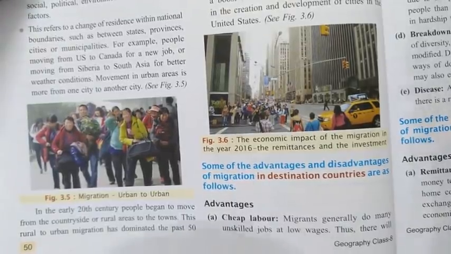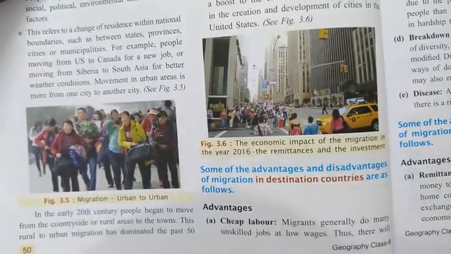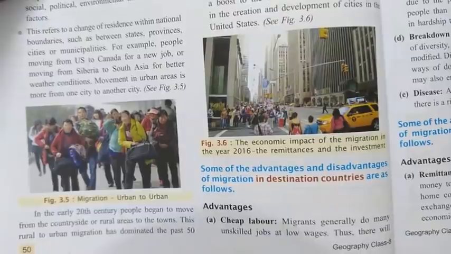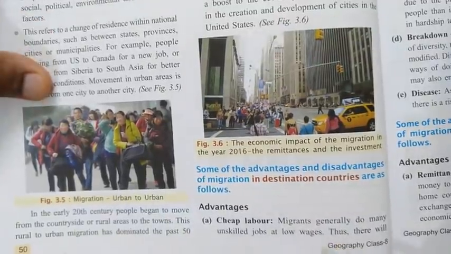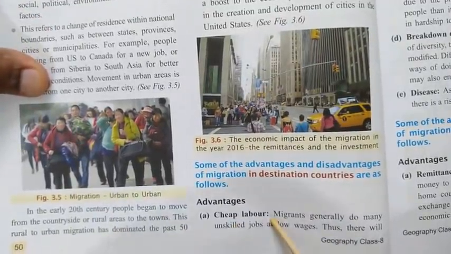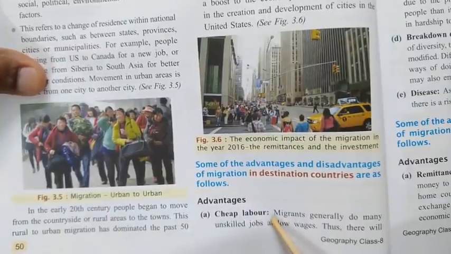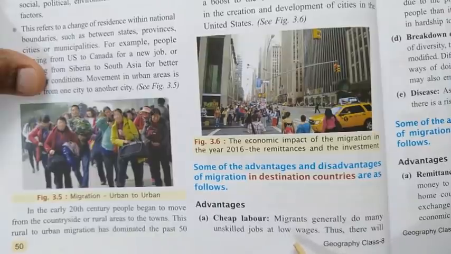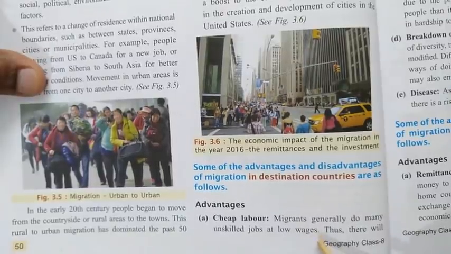These big multinational companies hire them at a very cheap, or you can say very low, rate. So like this all these companies get cheap labor, so they have to pay less wage.